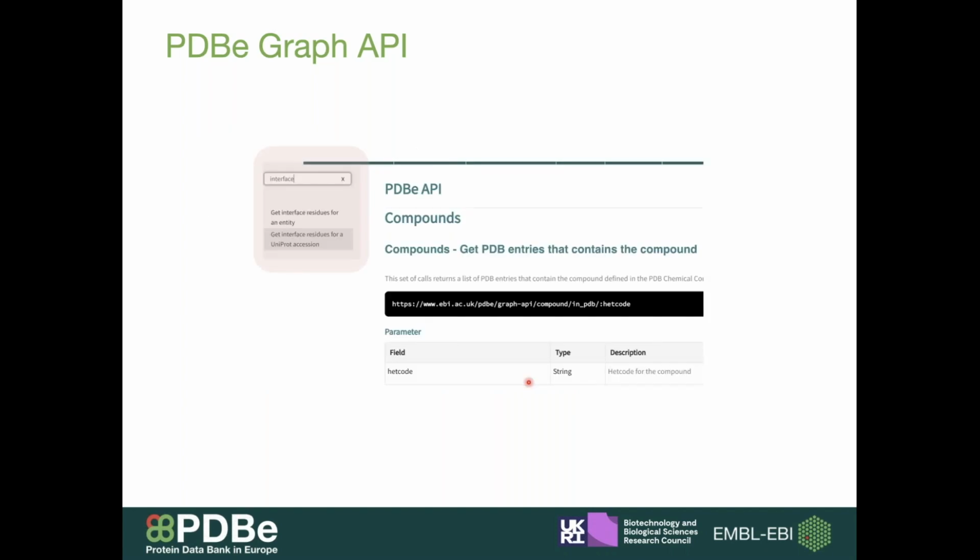So this is a web-based documentation where you can get details of all endpoints that are exposed by Graph API. For example, if you're looking for interface residues for a protein, you can search for interface in the text field and click on get interface residues for a UniProt accession.